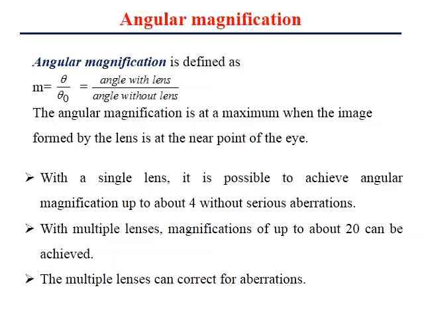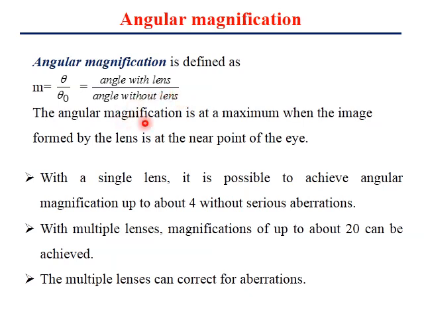All right, so now a very important thing about any optical instrument is its magnification. Now coming to the angular magnification. How is angular magnification defined? It is defined as m is equal to theta by theta naught, where theta is the angle when the lens is used, and theta naught is the angle without the lens.